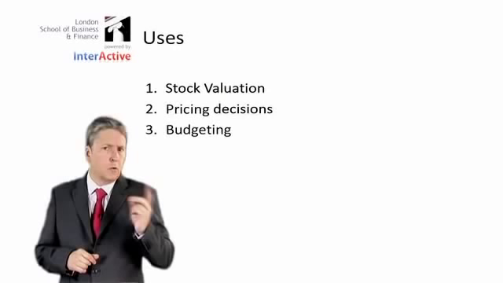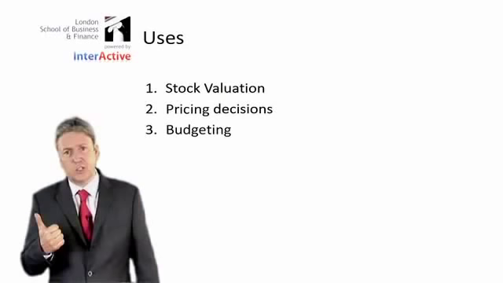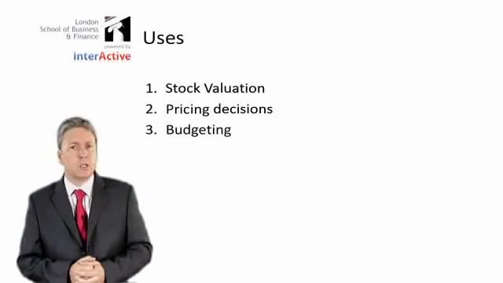In addition to stock valuation, we've got a couple of other ideas. Pricing decisions, maybe. What we may be doing is setting the cost and then adding a margin to get the price. Straightforward cost plus. There are certain circumstances, such as a job costing environment, where that is really the only simple way that we can establish a price.